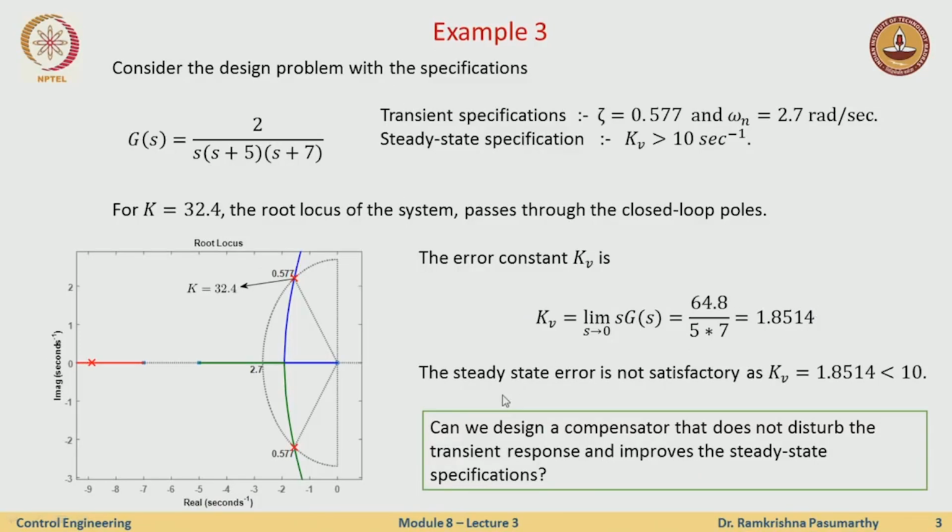So the question here is, can we design a compensator in such a way that it has kV greater than 10 but not really alter this? I don't want this thing to be messed up. I want to design a controller in such a way that this steady state specification is met by not disturbing too much of what is happening here in terms of the transient specifications.